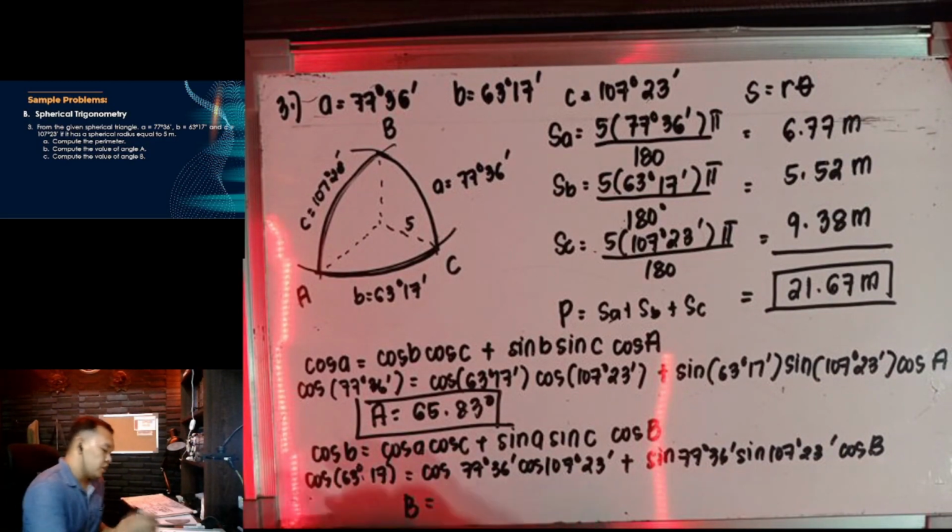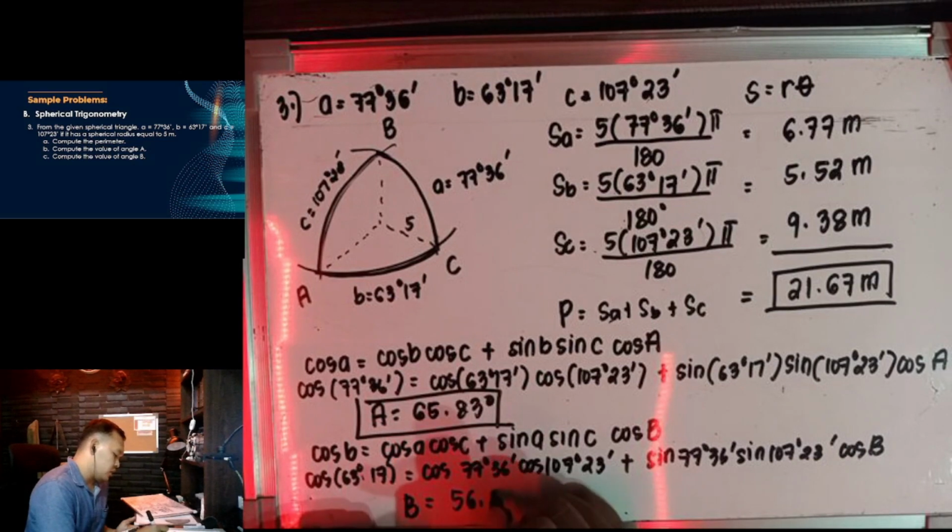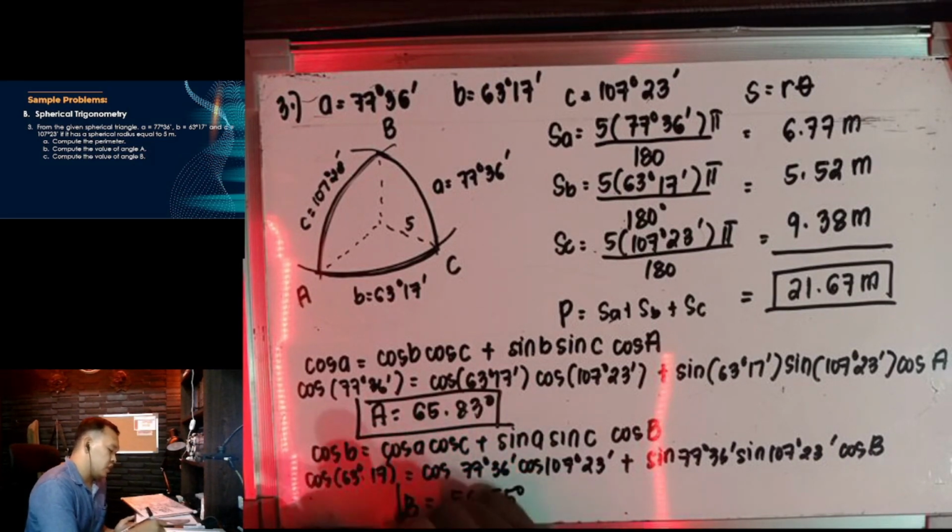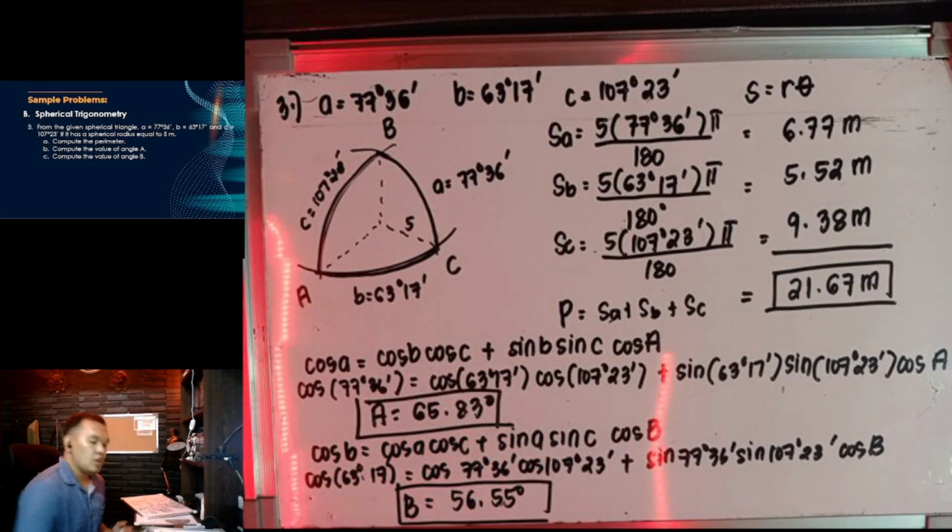So we have here 56.55 degrees for the angle capital B.